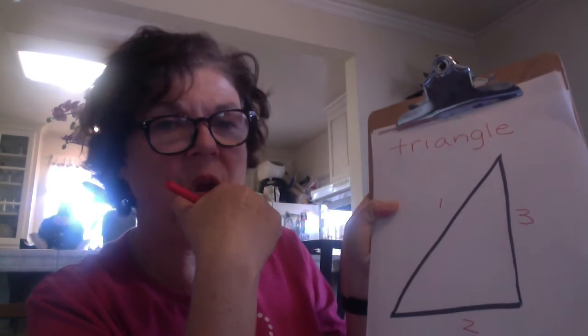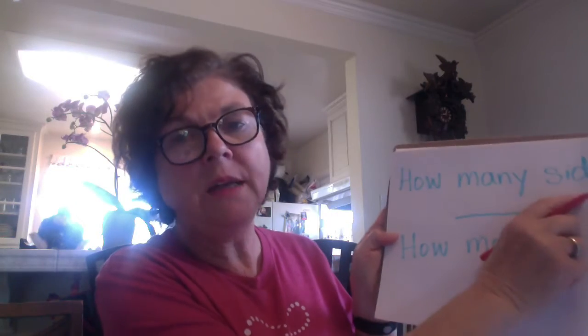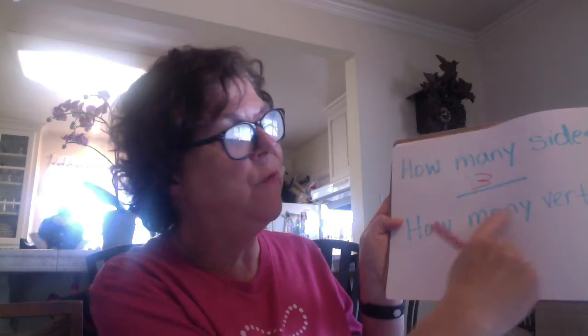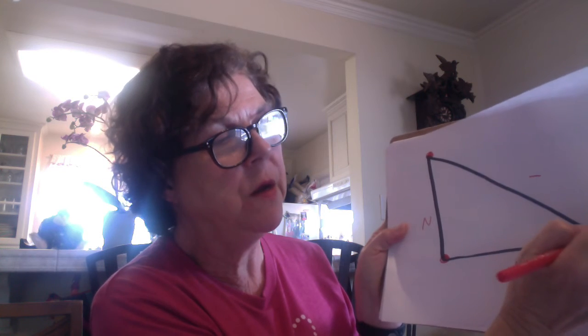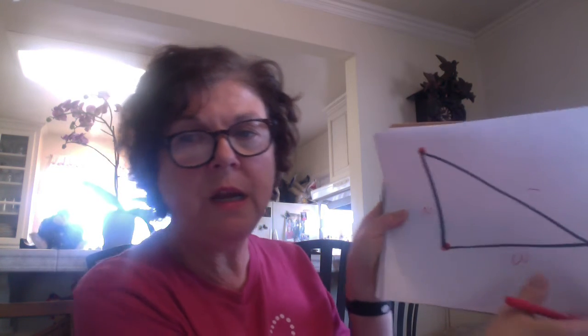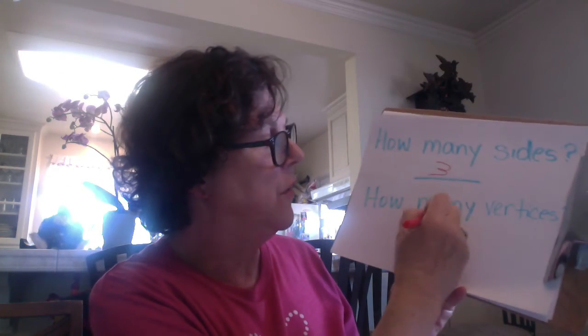T-R-I-A-N-G-L-E. Triangle. So it has 3 sides. How many sides? 3. How many vertices? Remember, vertices is where the lines meet, the corners. 1, 2, 3. It has 3 vertices. How many vertices? 3.